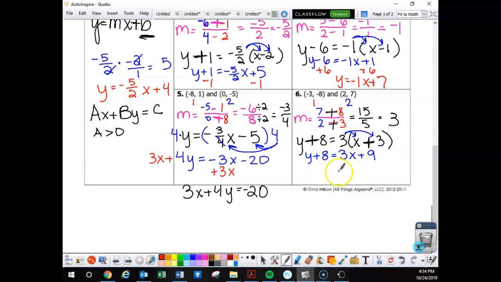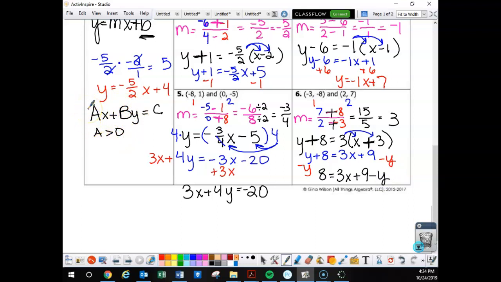If I move it to this side, I'm going to have to subtract it, and I can't have it be negative, so I'm not going to do that. What I'm going to do is subtract the y to this side. So this is going to become 8 equals 3x plus 9 minus y. Because b can be negative. It doesn't matter about b. A is the one that is always positive.